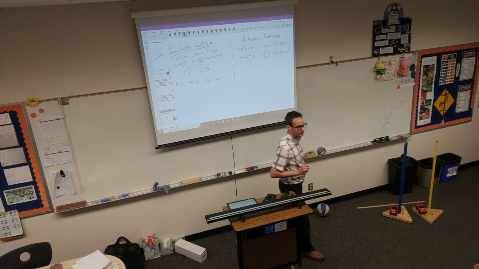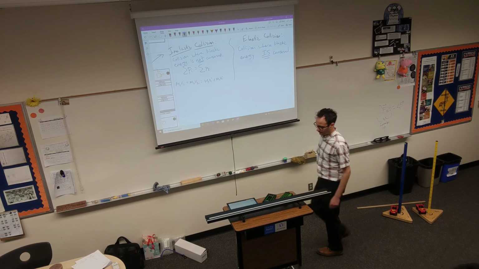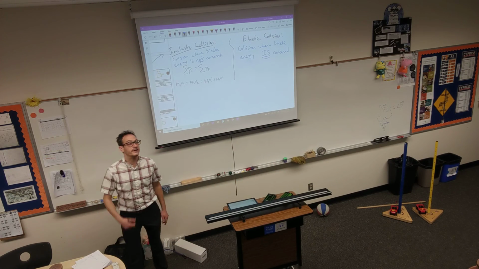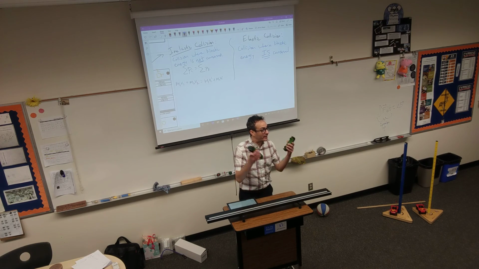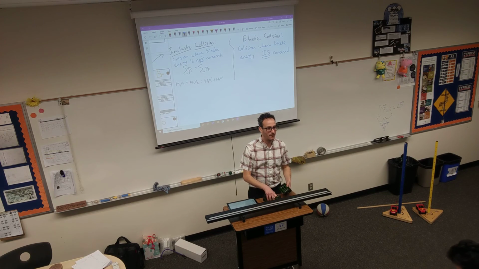Pretty rare in the macroscopic world. Car crashes, hitting people in the hallway, those are all inelastic collisions. You hear sound. Even this technically is an inelastic collision, but it's a very good model of an elastic collision.